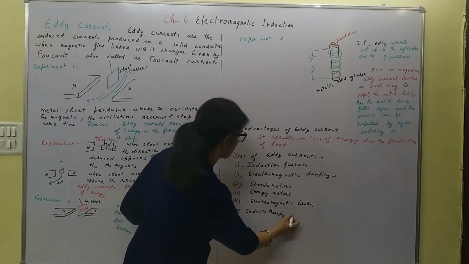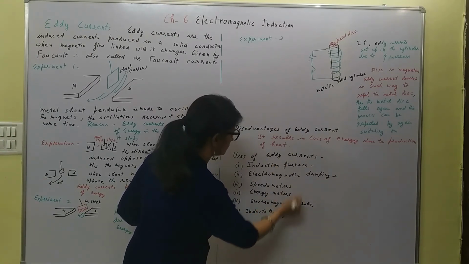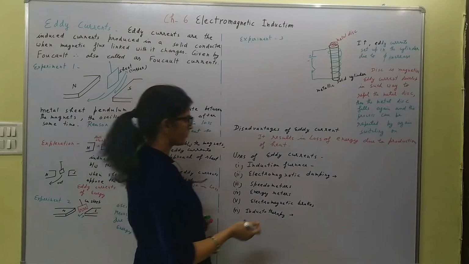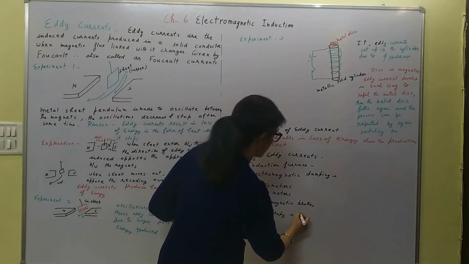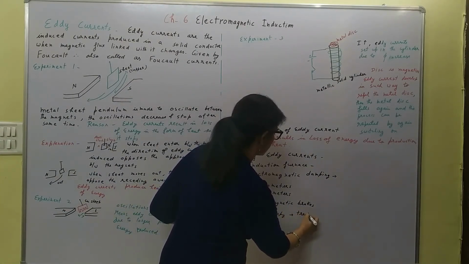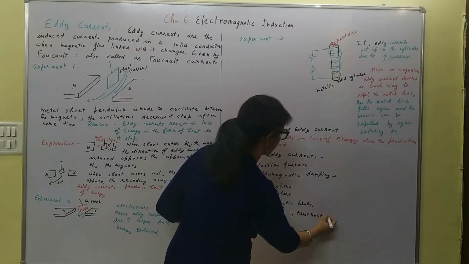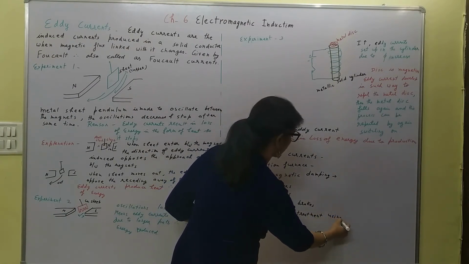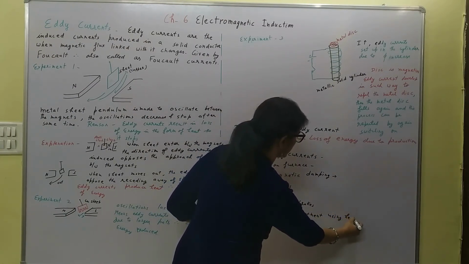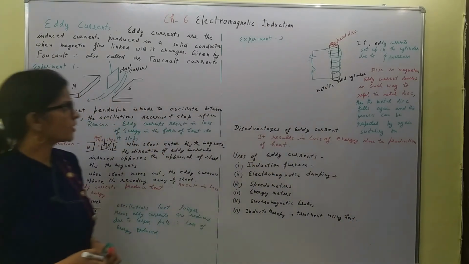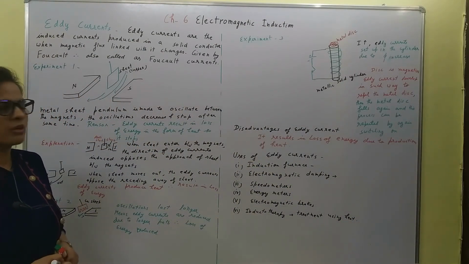That means when these currents are used for physiotherapy purpose, then this is called inductotherapy. So, or you can say the treatment using heat, right? So this was all about the eddy currents.